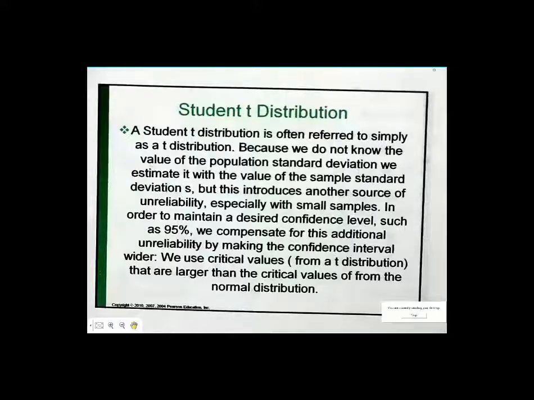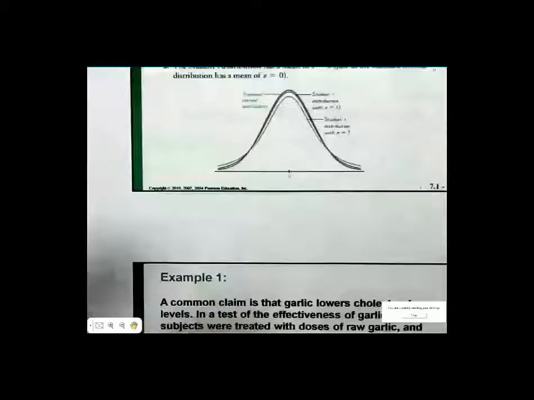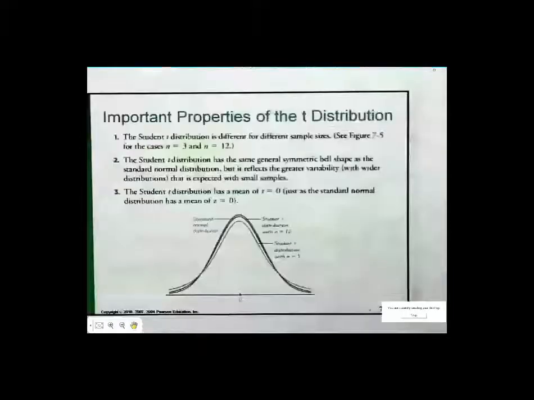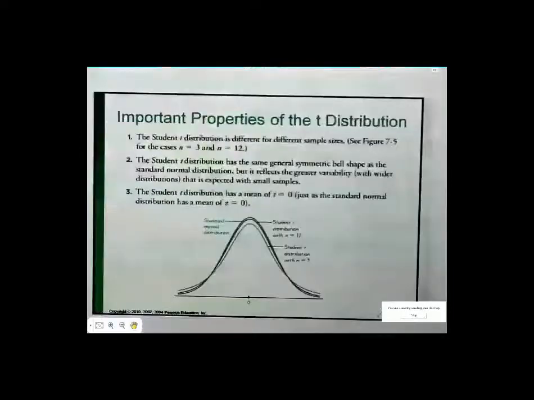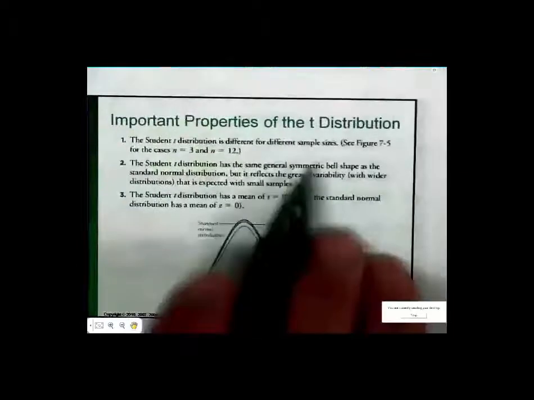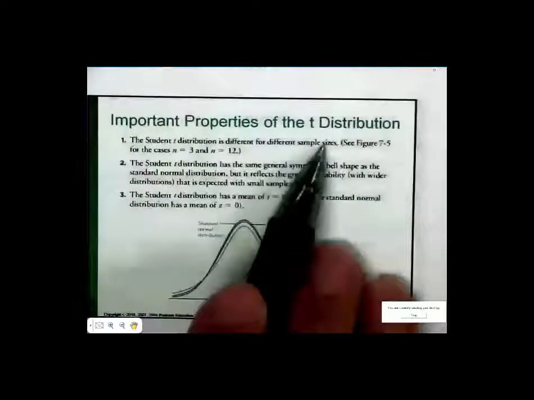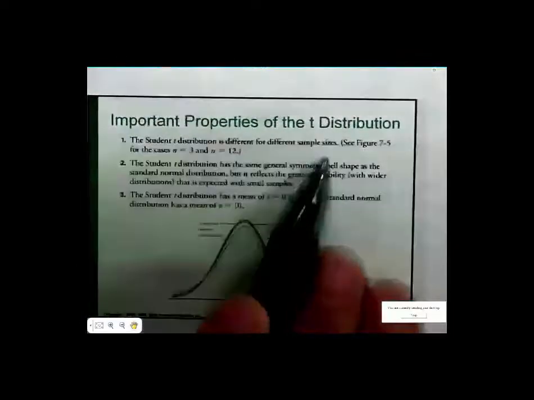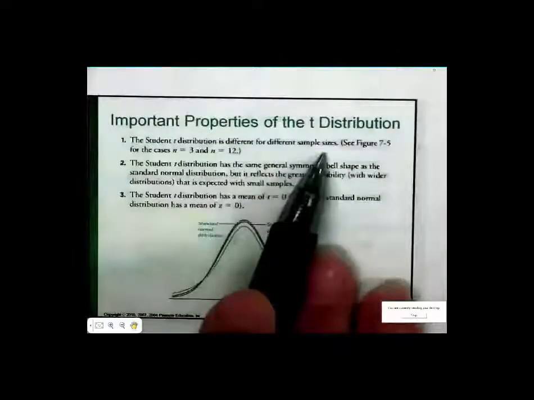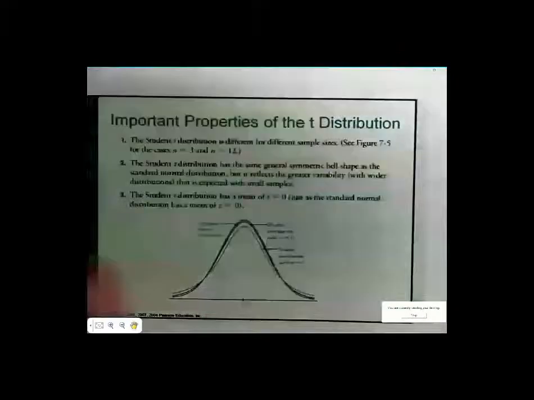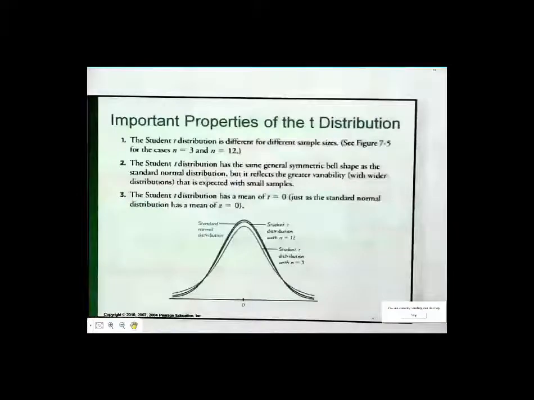Important properties of the t-distribution. It's different for different sample sizes. The larger the sample size, the closer it gets to being just a normal distribution.